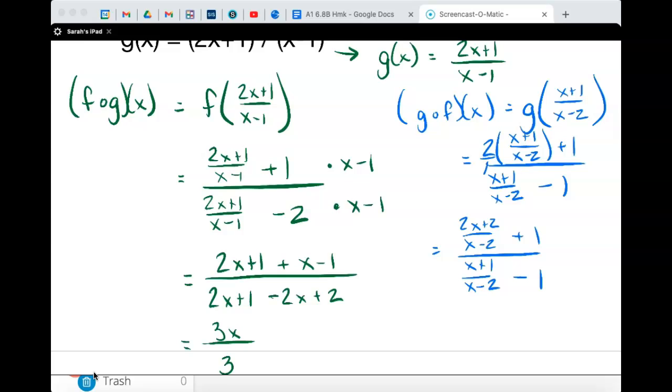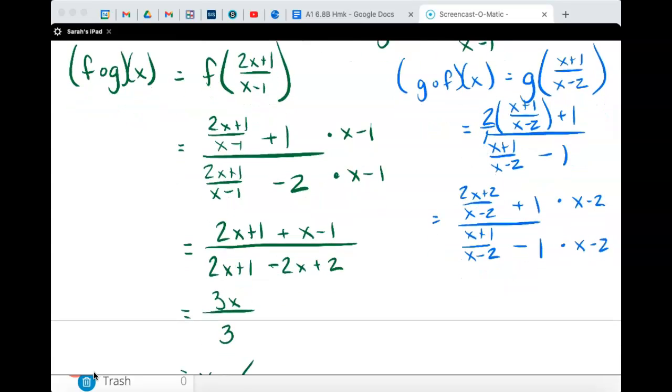So right now my denominator is x minus 2, and that's what we're going to multiply to the top and bottom, just like we did before, and we're going to distribute it out and cancel. So the x minus 2 cancels for the first term. I just have 2x plus 2. And then we can multiply 1 to x minus 2.